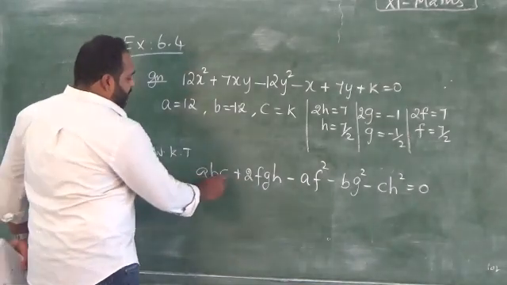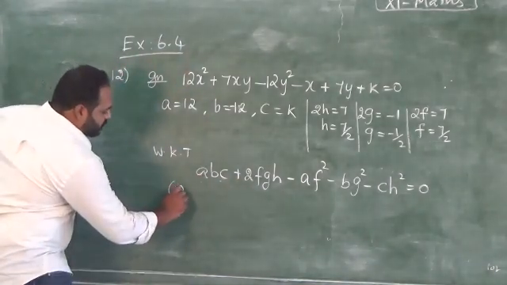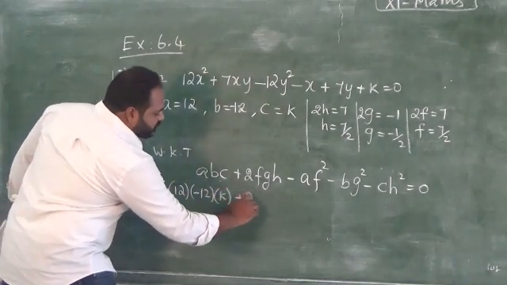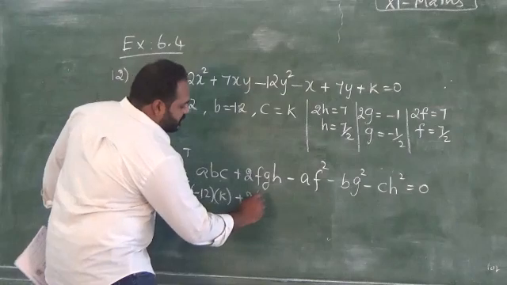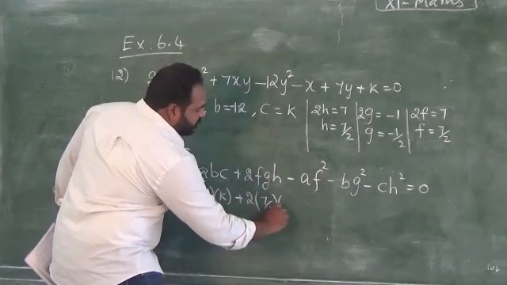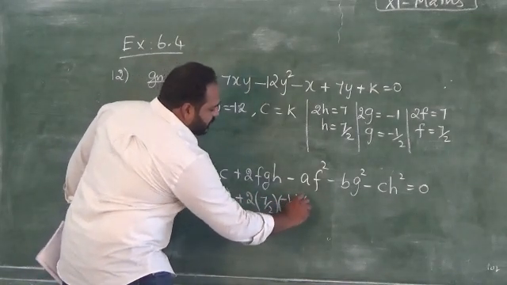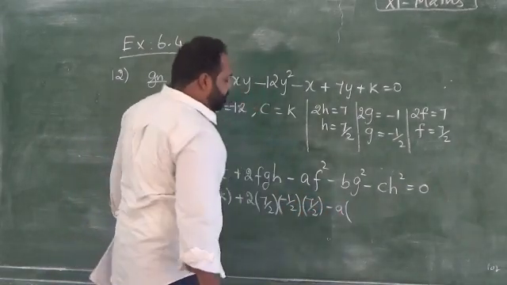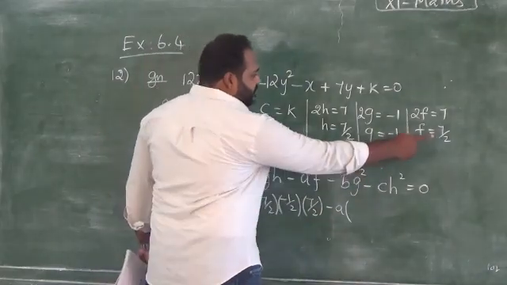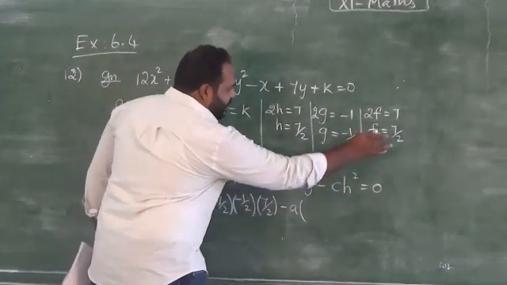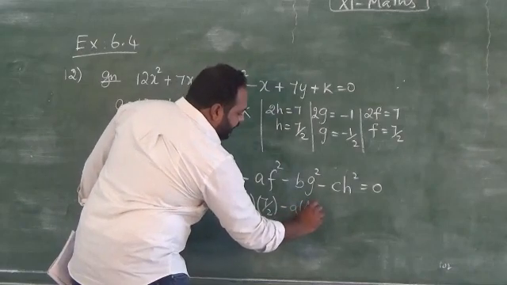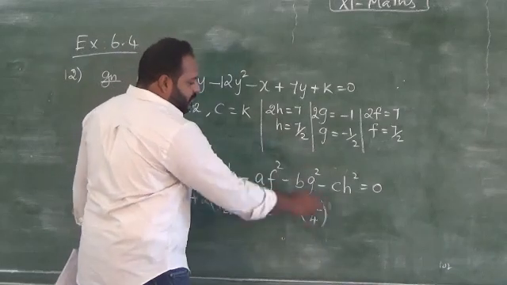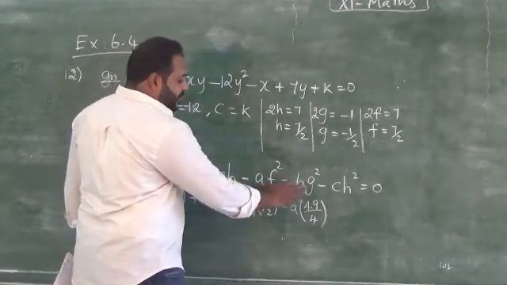So what are the A, B, C values? 12 into minus 12 into k, plus 2 into f value 7 by 2, g value minus 1 by 2, h value 7 by 2, minus A into F square. F is 7 by 2 square, I am directly squaring here, 49 by 4. You have to be very careful when writing the values.